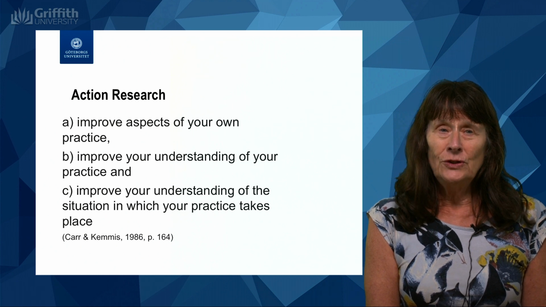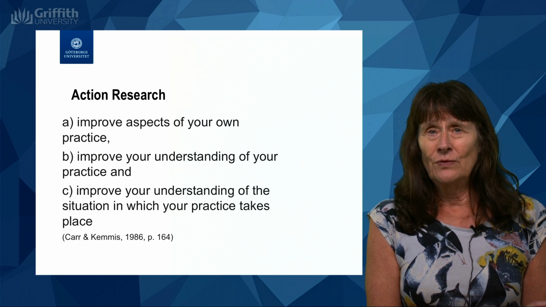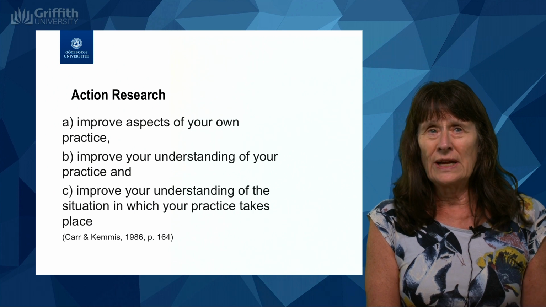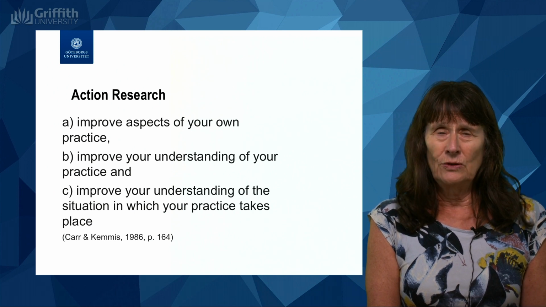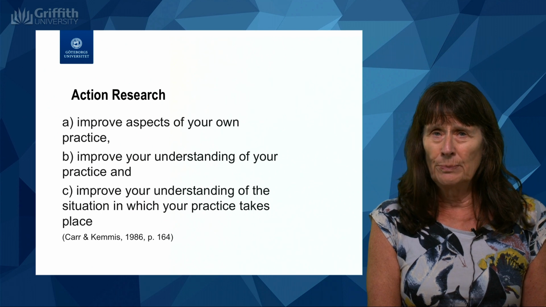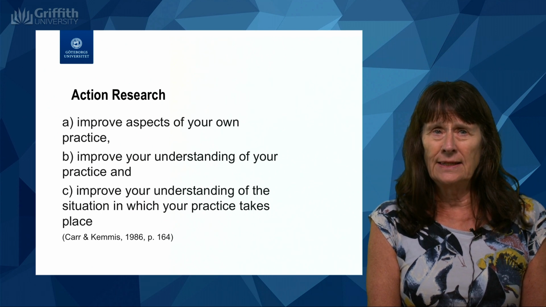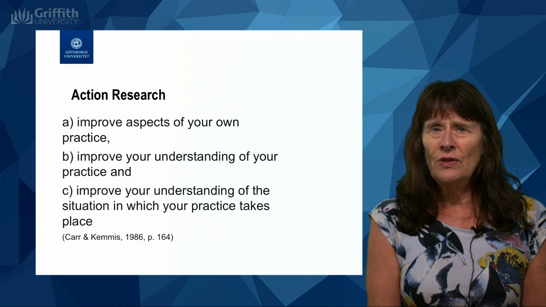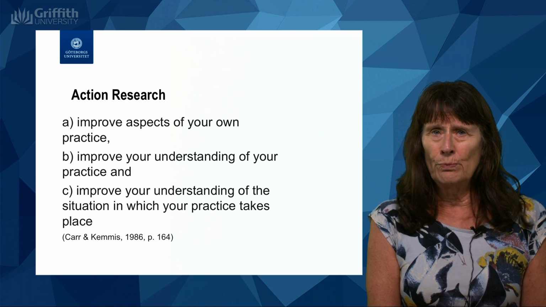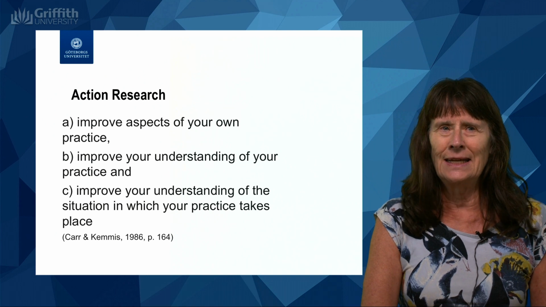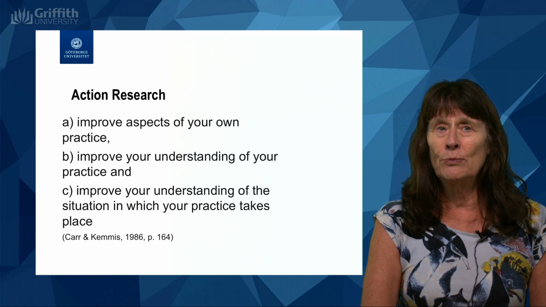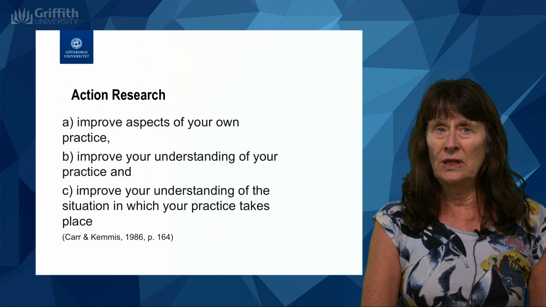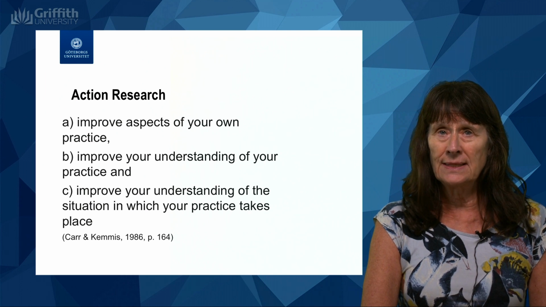So I usually use this kind of definition or frame of what action research is about, and I took it from Kemmis and Carr's book Becoming Critical from 1986. The first thing is that you improve aspects of your own practice. The second is to improve your understanding of your practice, and then improve your understanding of the situation in which your practice takes place.